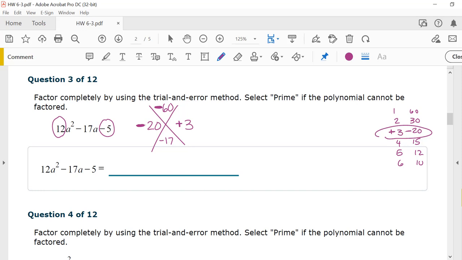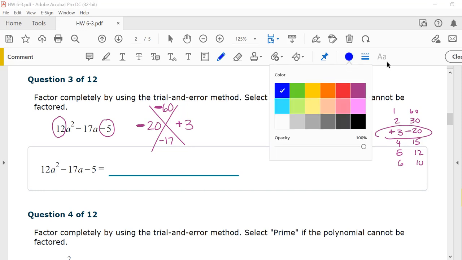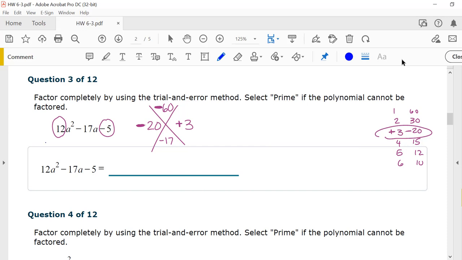All right, here's the new step. I'm going to rewrite my trinomial, but instead of writing negative 17a, I'm going to use these numbers. I'm going to rewrite it as 12a squared minus 20a plus 3a minus 5.